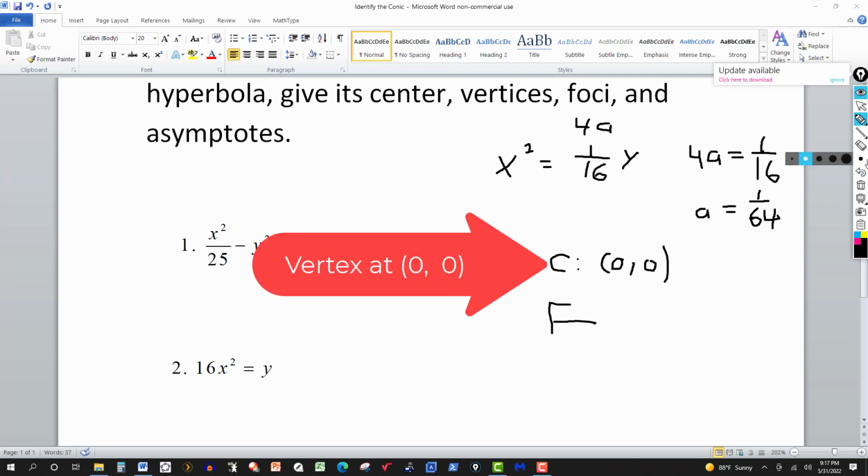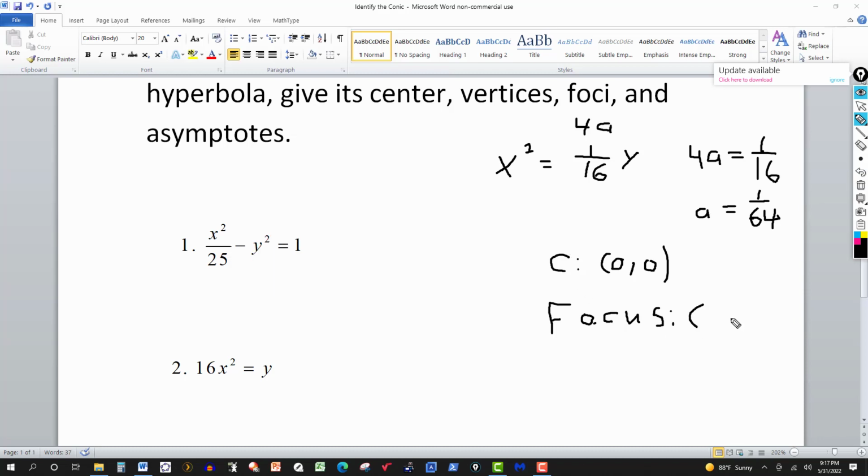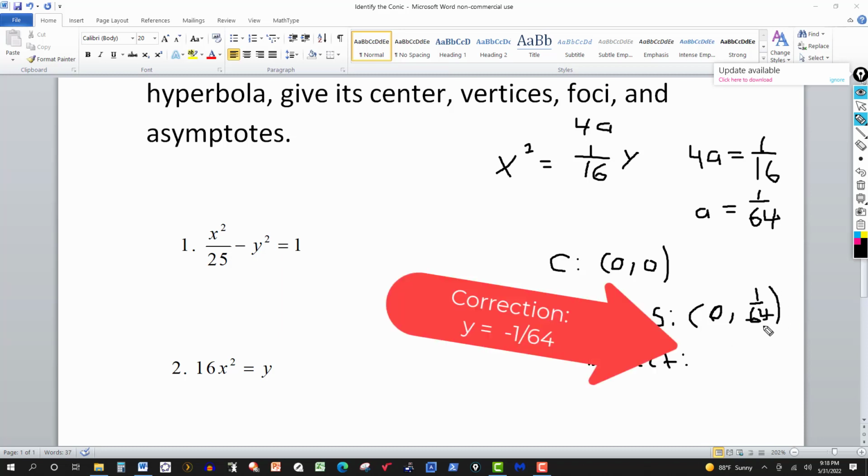Because it's a vertical parabola, we add the value of a to the y component, which is 0. So the focus is at 1 over 64. The directrix will be horizontal, so this is going to be y equal to negative 1 over 64.